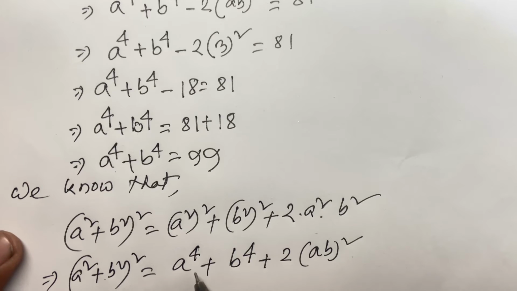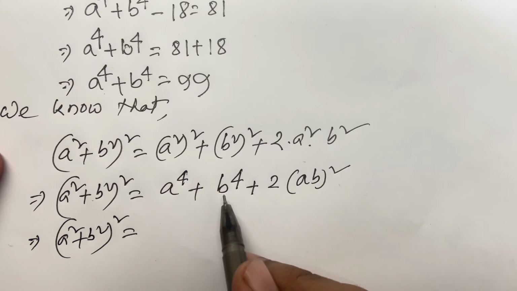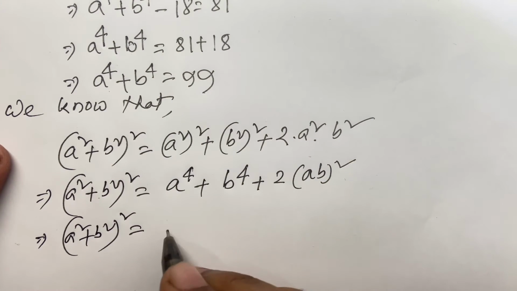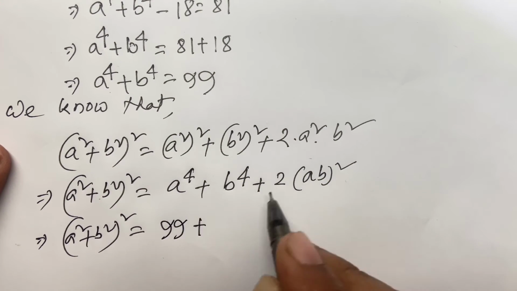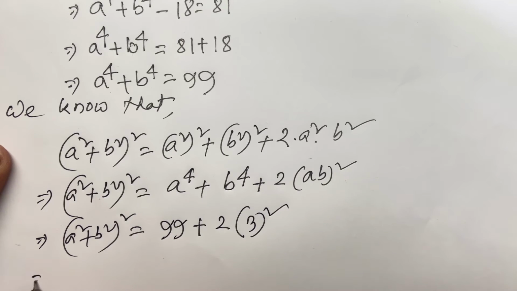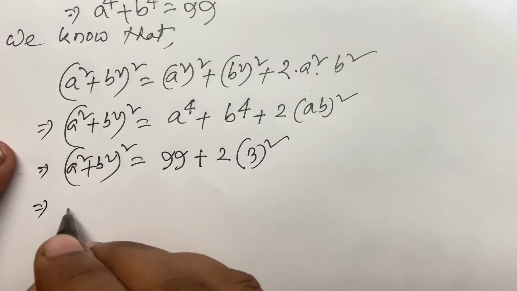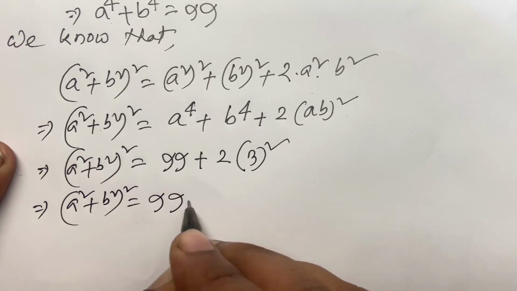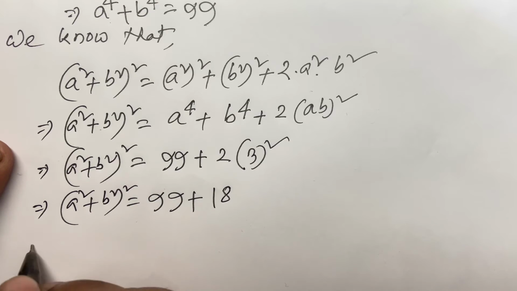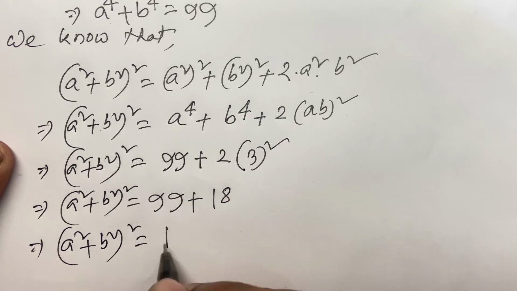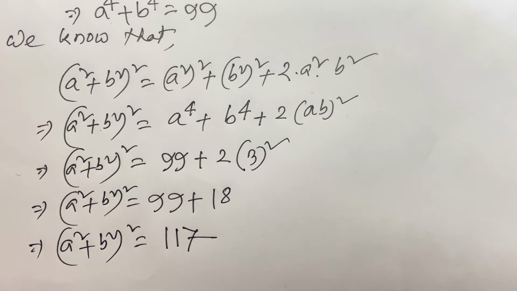We know a to the power 4 plus b to the power 4 is equal to 99. So I put this value in this line. So 99 plus 2 times (ab), where ab is 3, whole square. So now I can say (a square plus b square) whole square equals 99 plus 18. Now (a square plus b square) whole square equals 117. We know that 99 plus 18 is equal to 117.